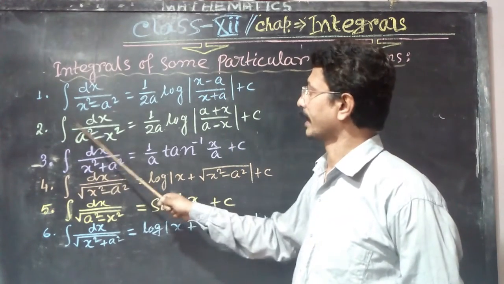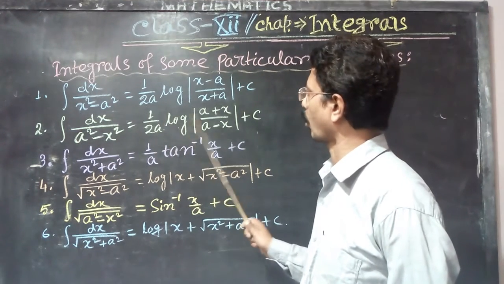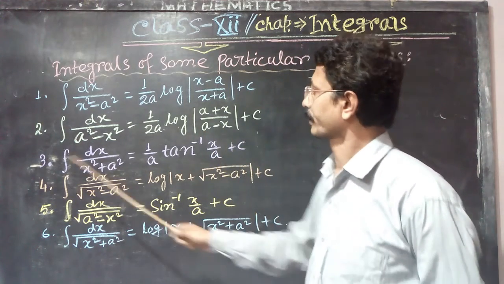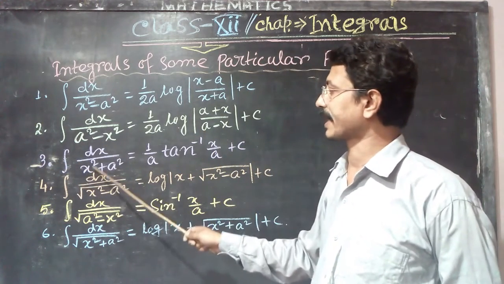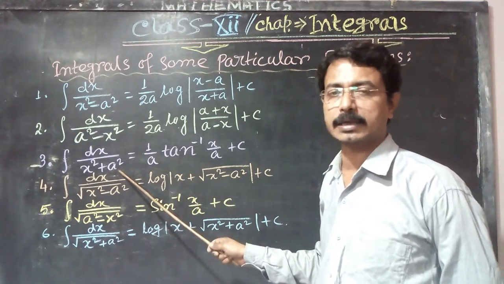Number two, integration dx by a square minus x square equal to 1 by 2a log mod a plus x by a minus x plus c. Number three, integration dx by x square plus a square equal to 1 by a tan inverse x by a plus c.